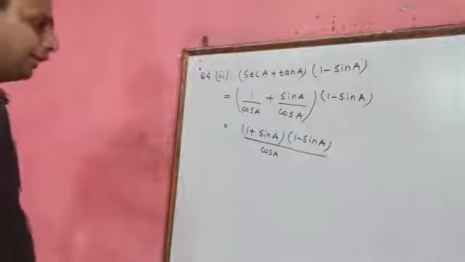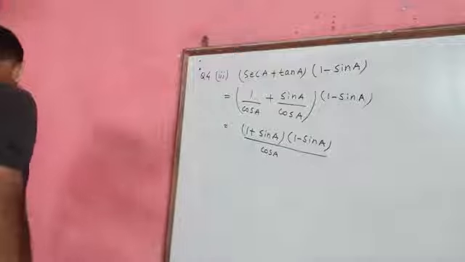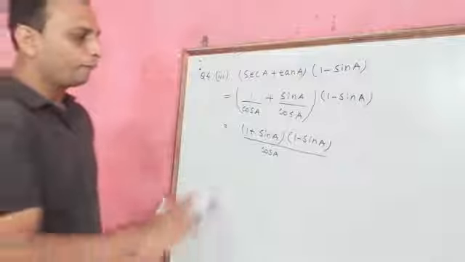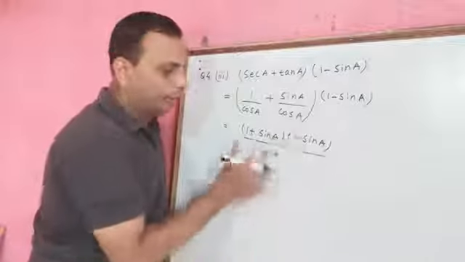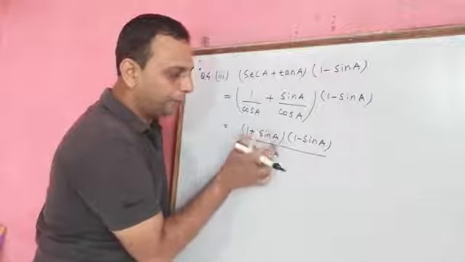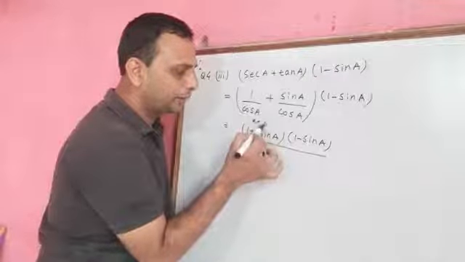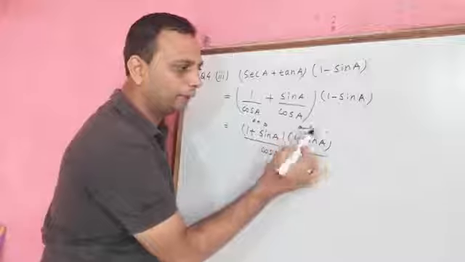Now 1 plus sin A and 1 minus sin A, so this is in the form of A plus B and A minus B.